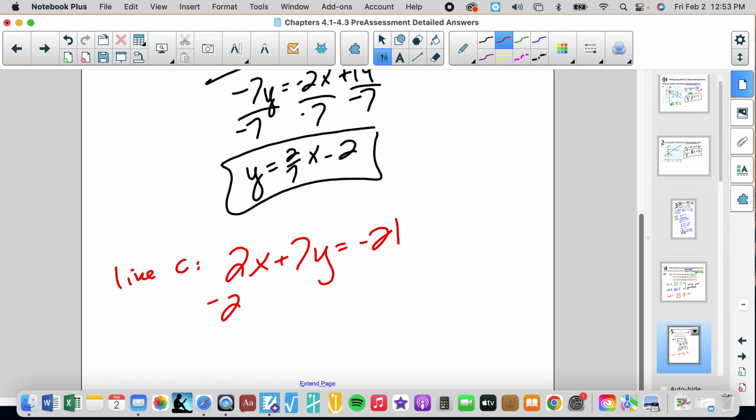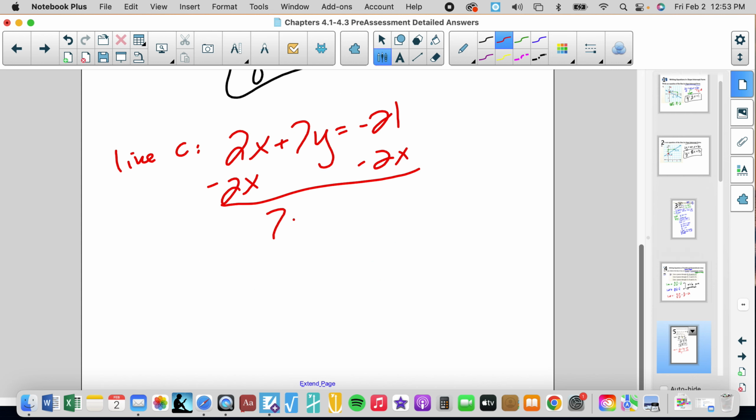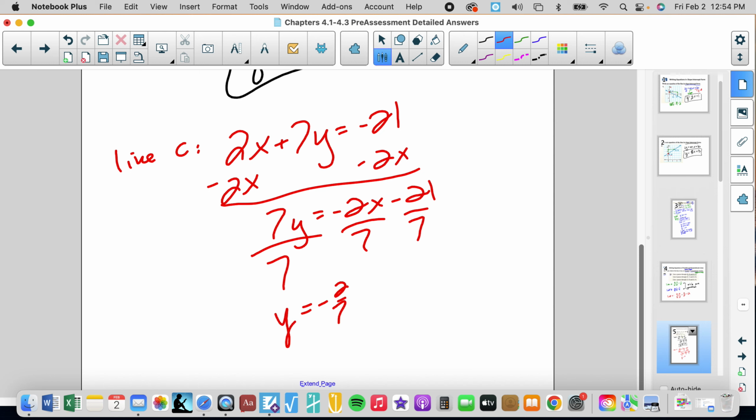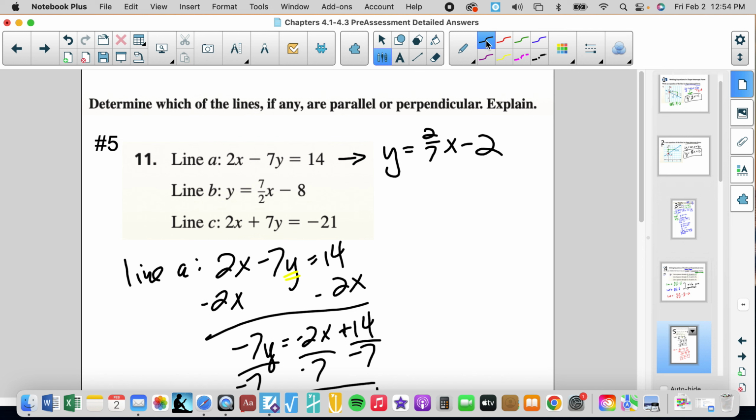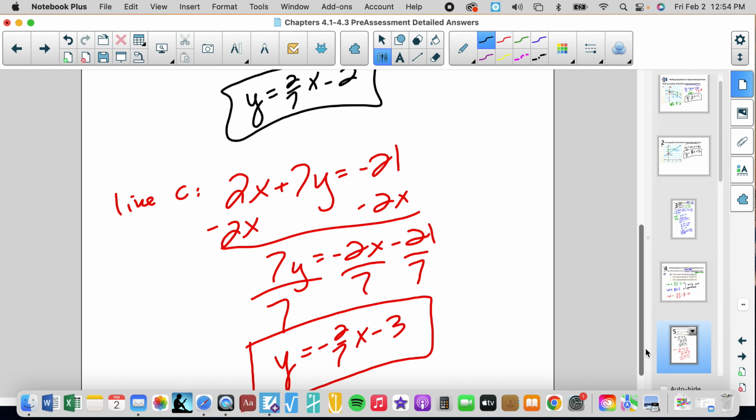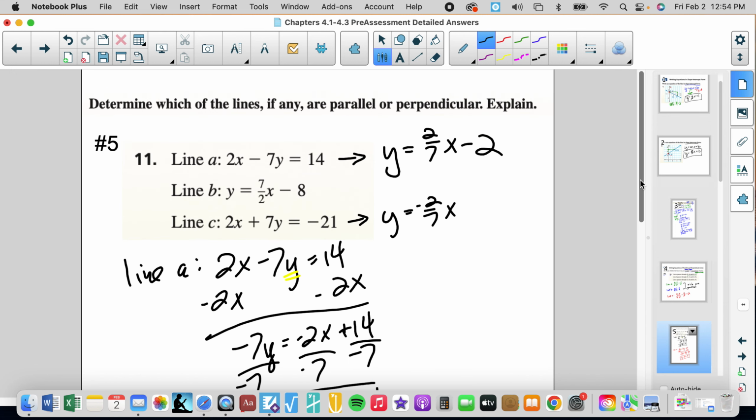So we're going to subtract 2x, isolating for y, 7y equals negative 2x minus 21, divide by 7, we get y equals negative 2/7 x minus 3 is the formula in slope-intercept form.